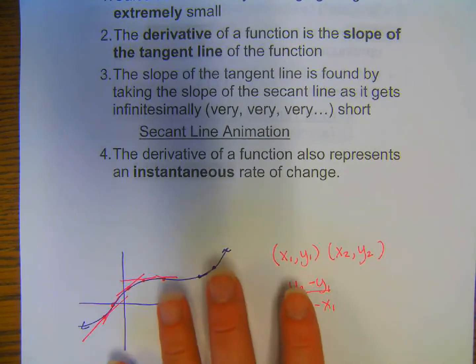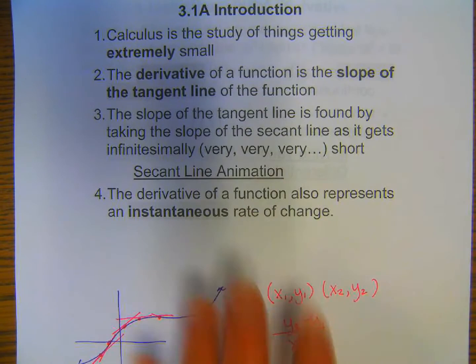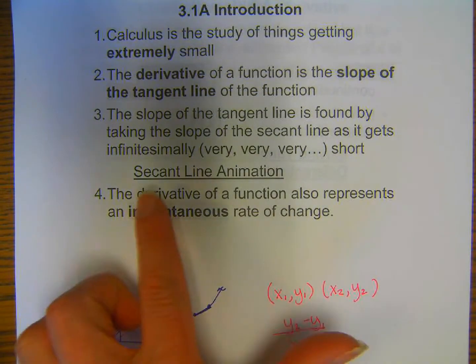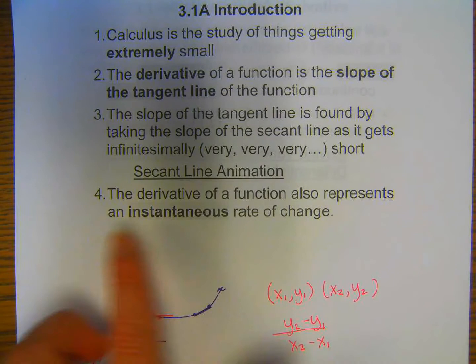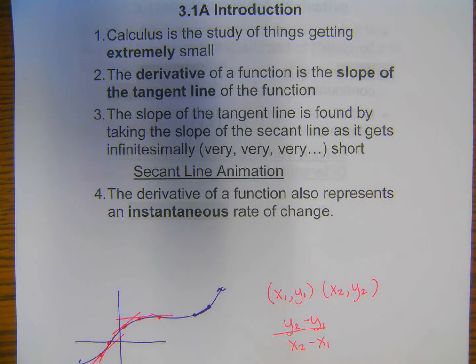So if you want to see what that looks like, you could type in either tangent line animation or secant line animation. I don't know if this will work. I don't think it will, but I'll test it out.